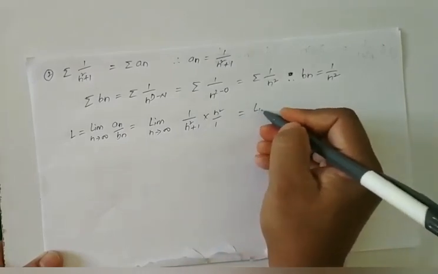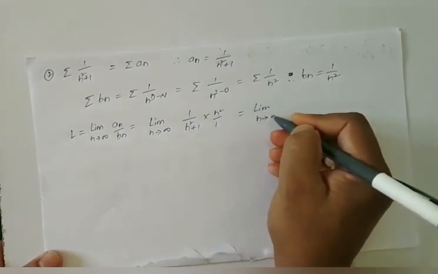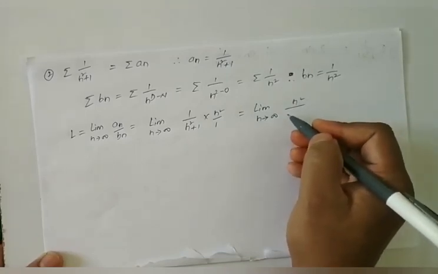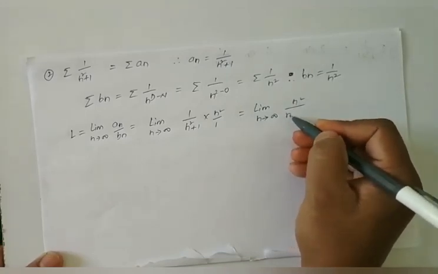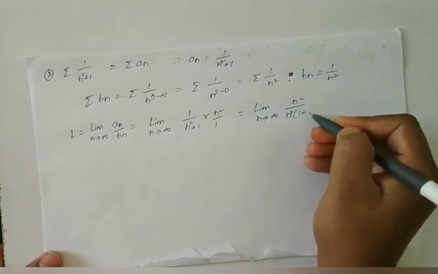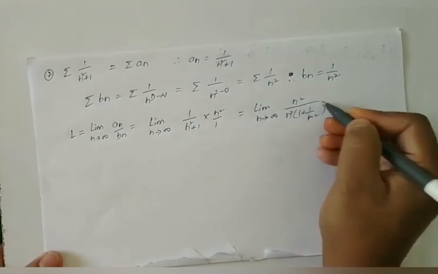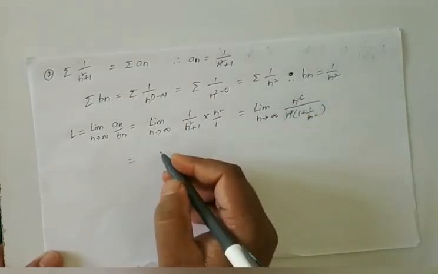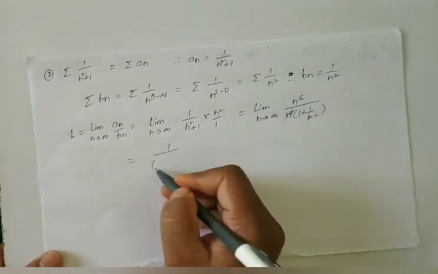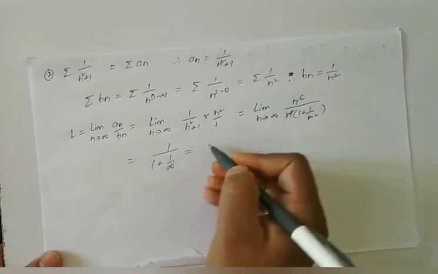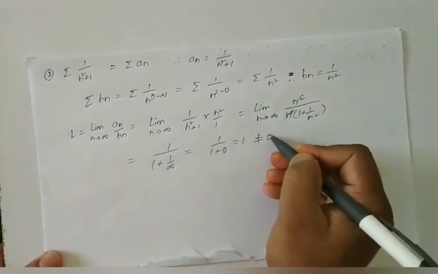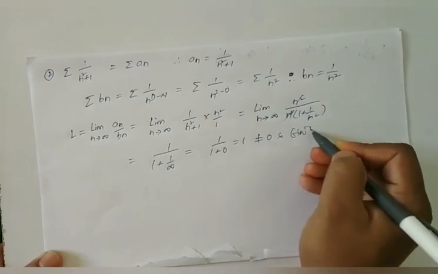Taking n square as a common factor in the denominator, we get n square by n square of 1 plus 1 by n square. Here n square gets cancelled. Next we apply the limit n tends to infinity. We get 1 by 1 plus 1 by infinity, which is 1 by 1 plus 0, equal to 1, which is not equal to 0 and finite.